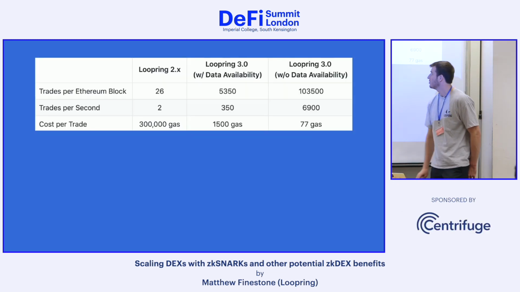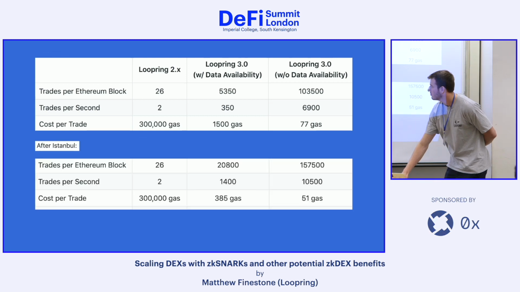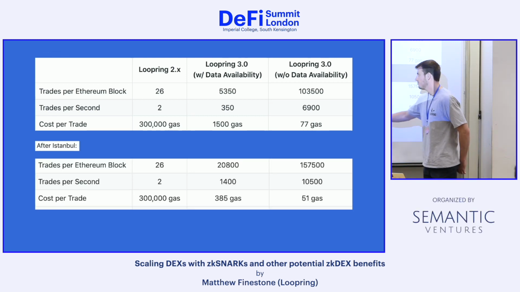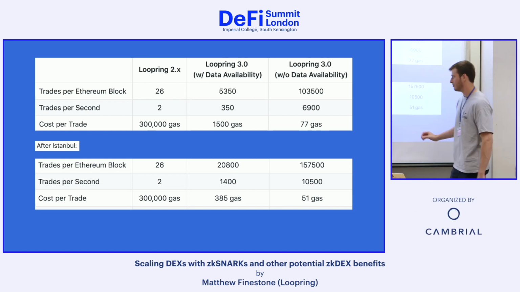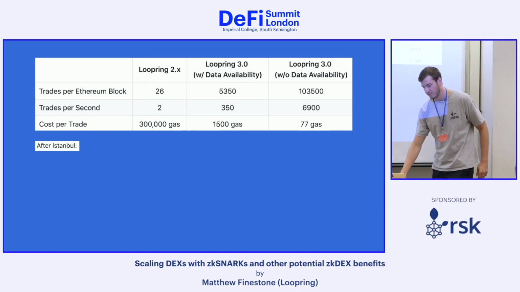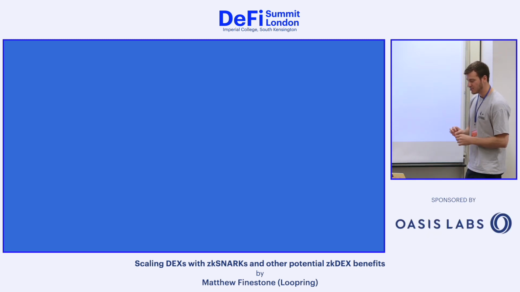Now just to run through some of the numbers. Okay, so the cost per trade scales with... actually, I want to back up for one second. The on-chain data availability, I'll get that out of there just so it's easier to think about.